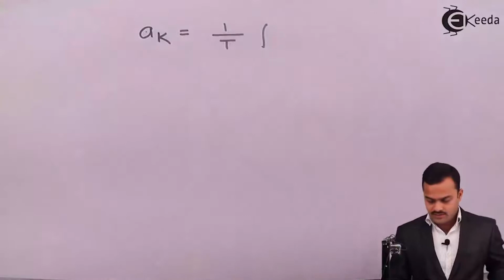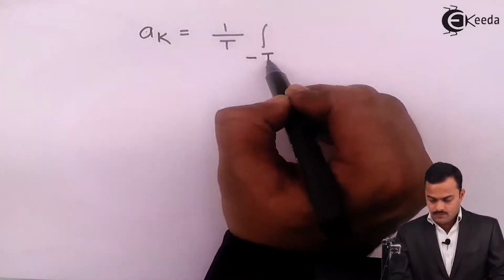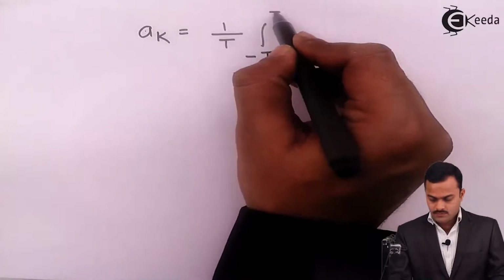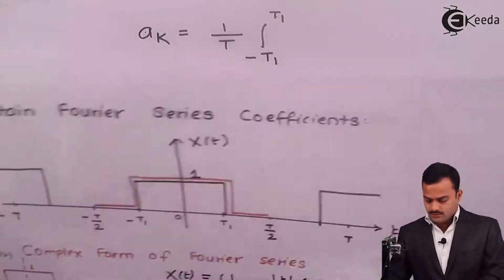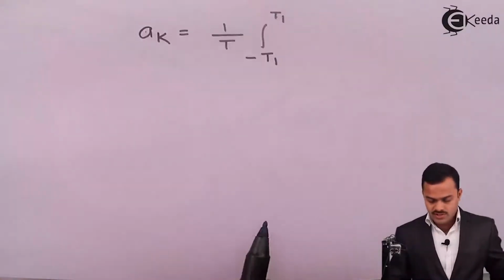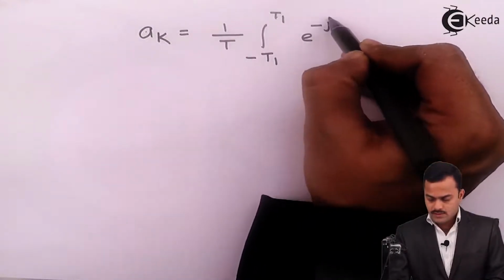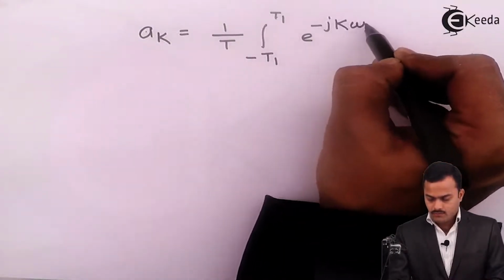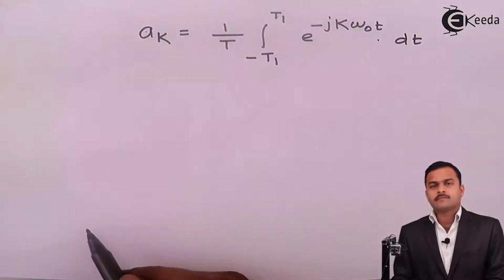So I can say over here now a k as 1 over T, minus T1 to T1, and the value of the waveform is 1. So no need to mention 1 getting multiplied with e raised to minus j k omega 0 t dt.